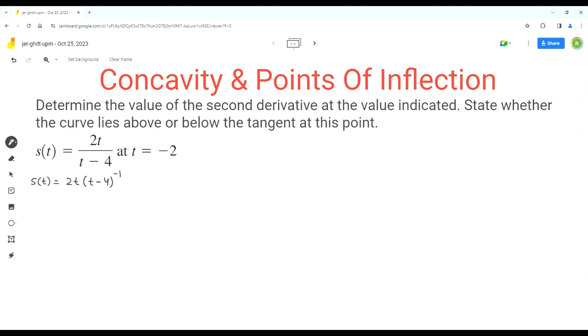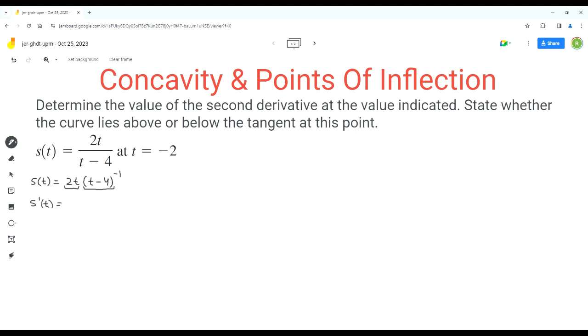Now we can find the first derivative of this function and then we'll find the second derivative. This function is made up of two functions being multiplied. The first function is 2t and the second one is t minus 4 exponent -1. So we can use product rule to find the first derivative, s prime of t.